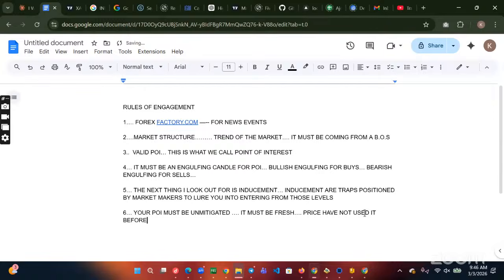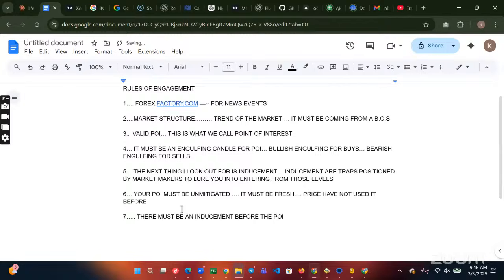Secondly, or most importantly, number 7, there must be an inducement. This is where things start getting interesting. Before the POI. If you can stick to these rules, your entries will be so precise and so effective. Now, there must be an inducement.